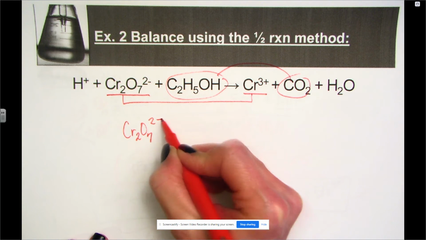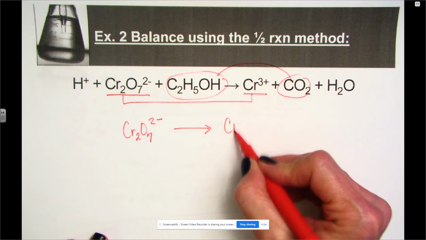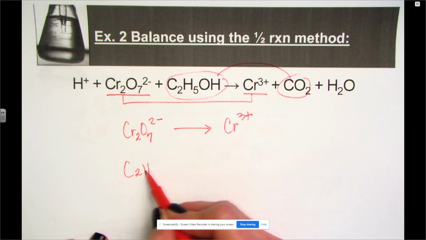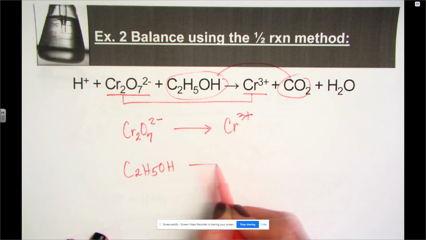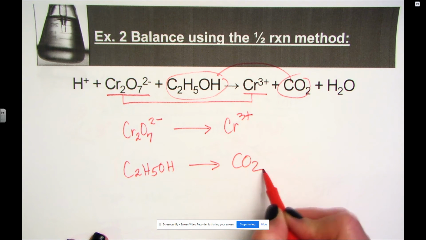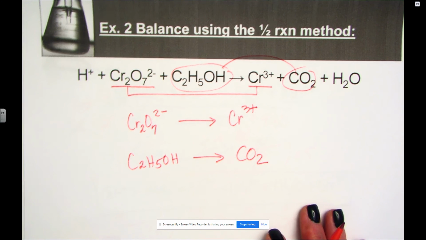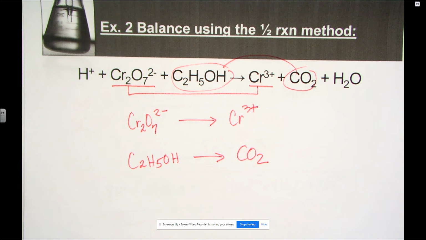Cr2O7 2 minus yields Cr3 plus, and then C2H5OH yields CO2. So that's separating into my two half reactions. Now, the next step says to balance everything except for your hydrogens and oxygens with coefficients.